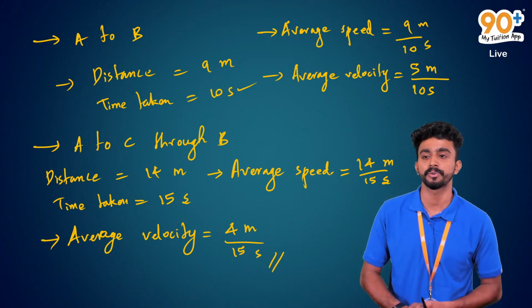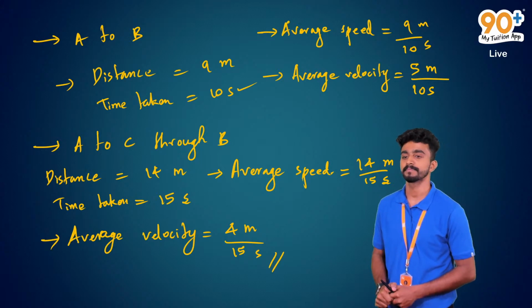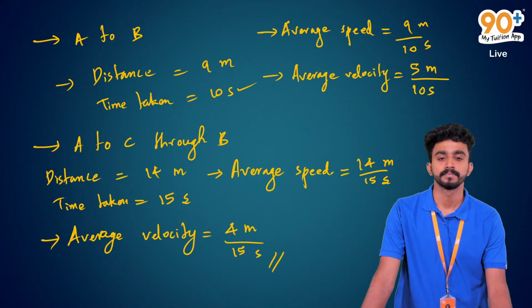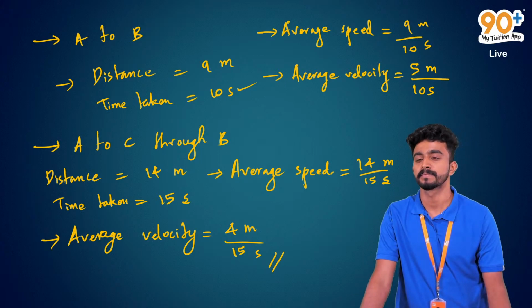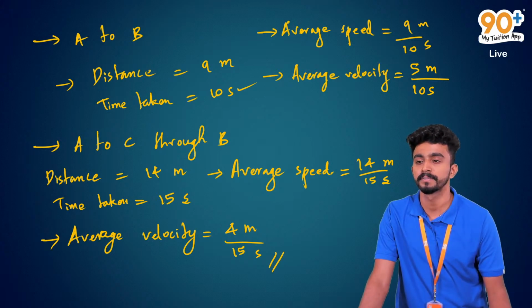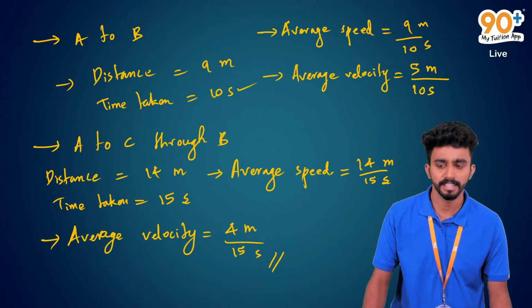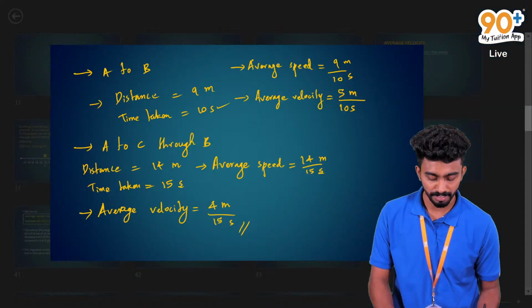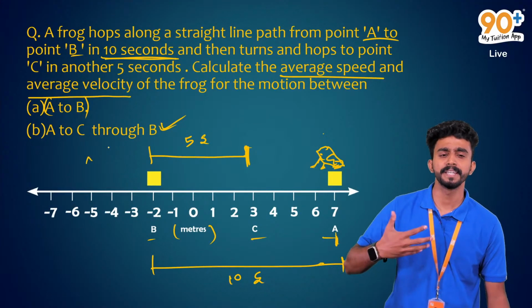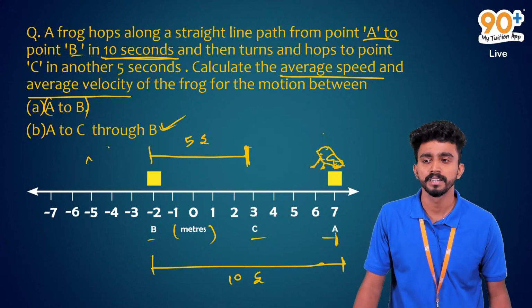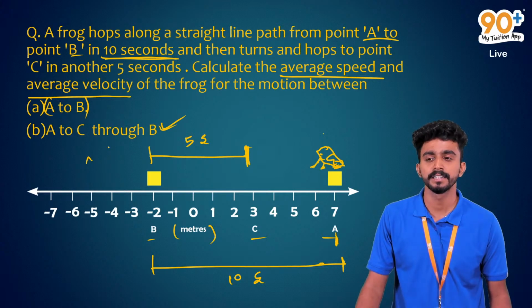Yes, Rishikesh, what's your query? The question: A to B, A is 7, B is 2, minus 2, you will get 9.